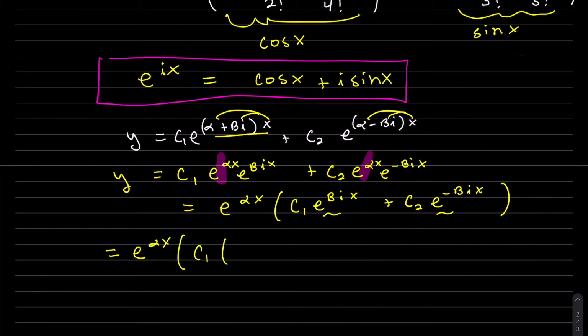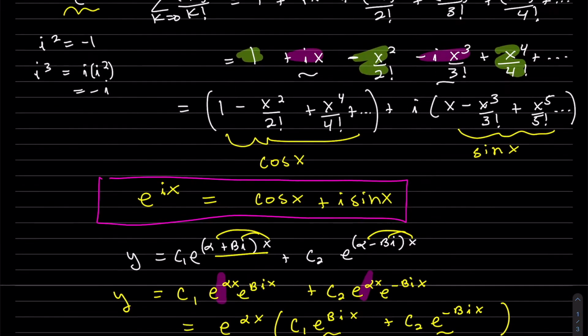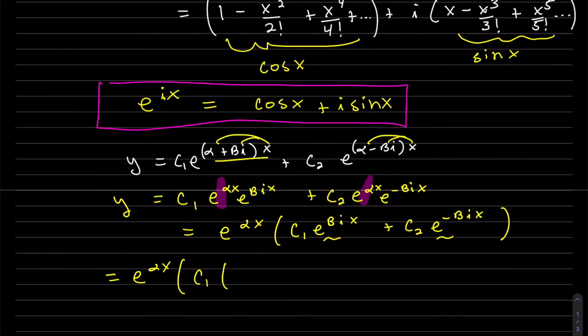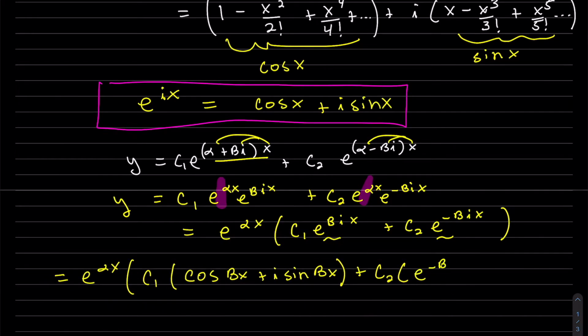And we are replacing e to the beta ix with two terms. So that becomes cosine of beta x plus i sine of beta x by Euler's. And the second grouping, same thing, but it has a negative in it. Cosine of minus beta x plus i sine of minus beta x.